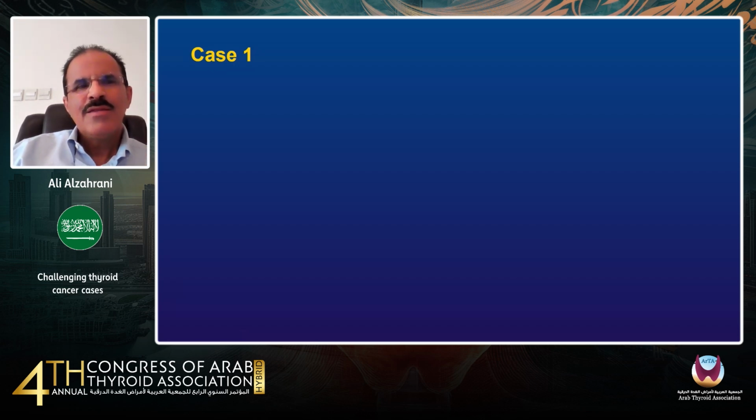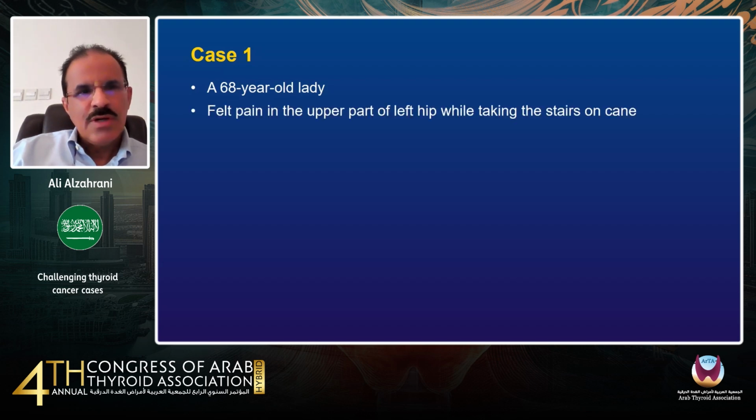But anyway, this is a 68-year-old lady who felt pain in the upper part of the left hip while she was taking the stairs on a cane. Over the next few days, the pain got worse.